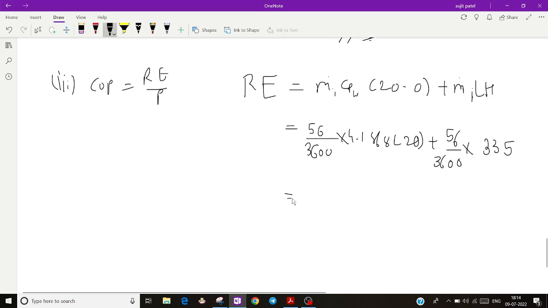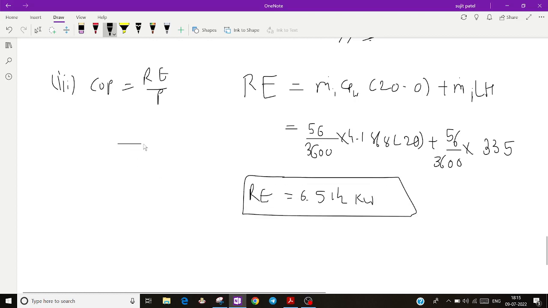When you simplify this, you will get 6.514 kilowatt. This much is the refrigeration effect. Substitute this value: refrigeration effect 6.514 divided by power, which is 2.12. So what will be the COP? You will get COP as 3.07.